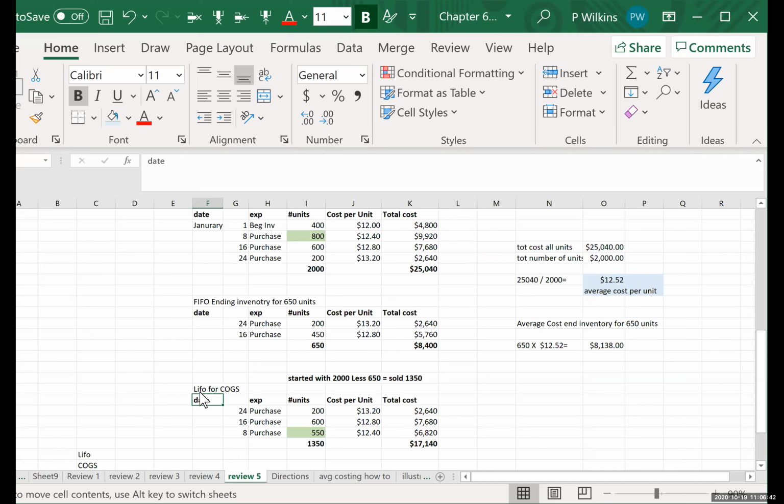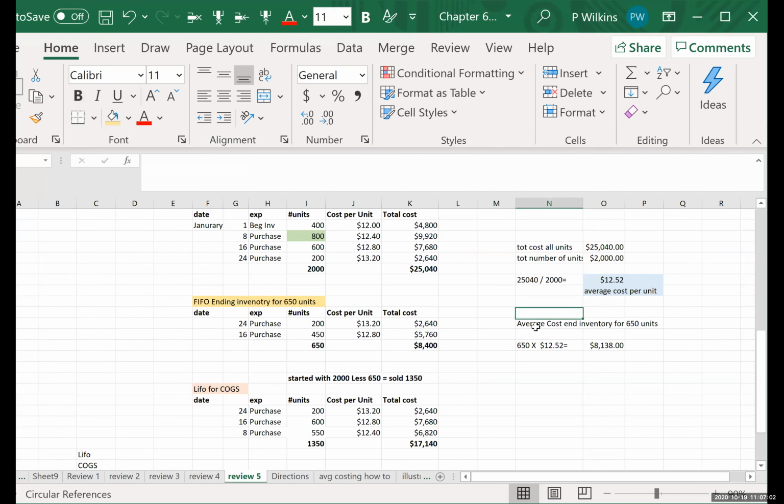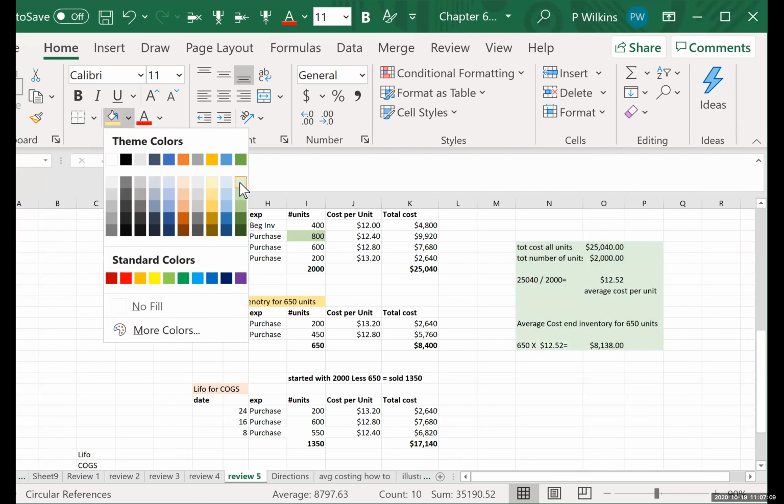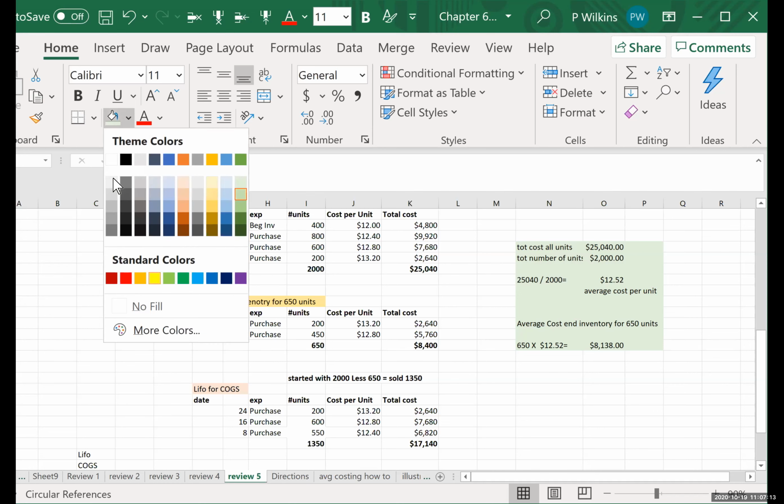And the one prior was FIFO for ending inventory. And then we had the average costing one. And then that was it. Those were the three that we had for this problem.